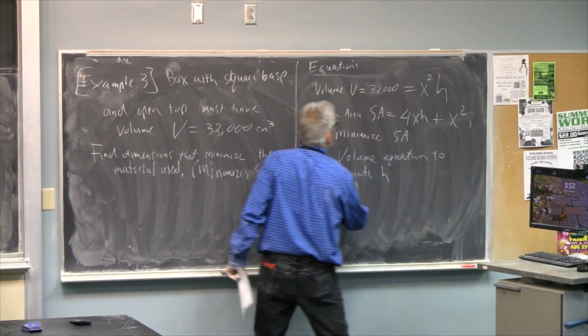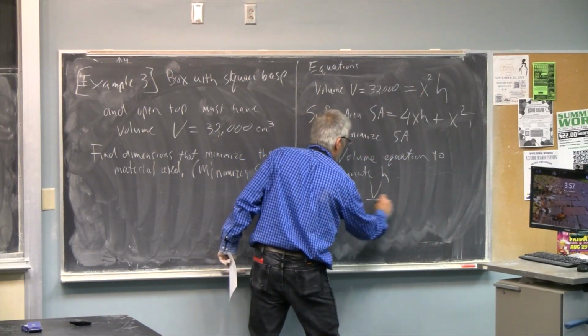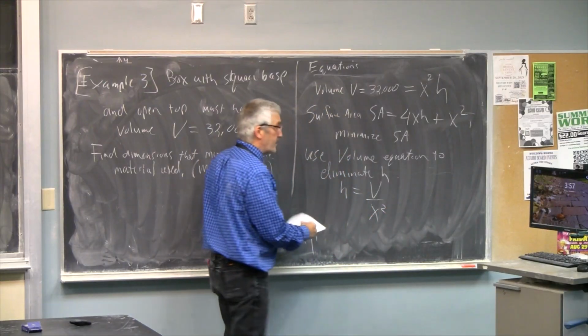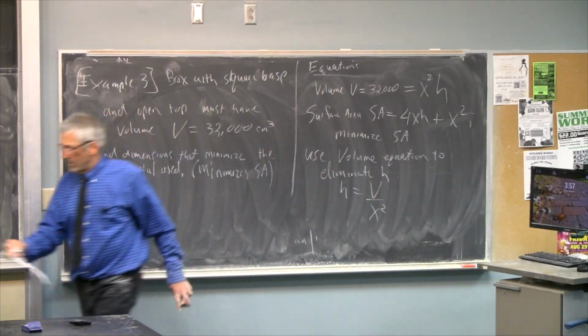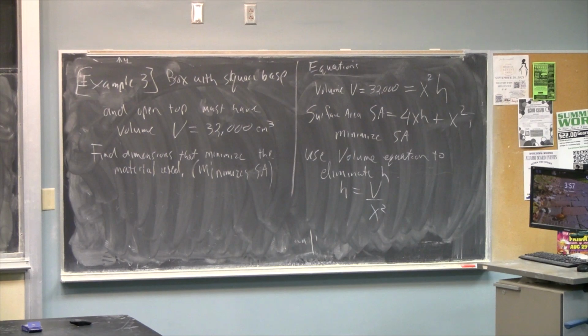So h is going to be the volume over x squared. I'm not going to use the number right now, because I want to emphasize that you should work these problems with letters all the way to the end and then plug in the numbers at the end.